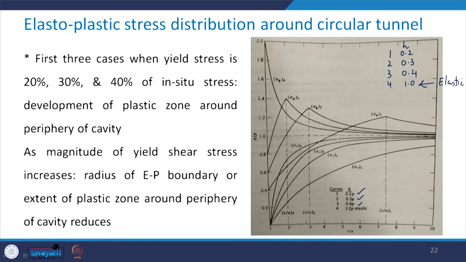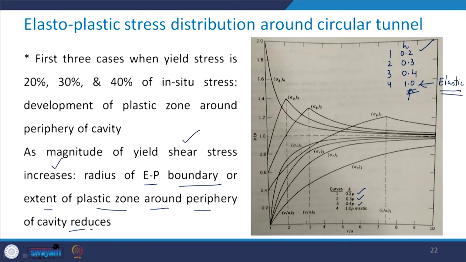As the magnitude of the yield shear stress increases, that means for these 3 values you can see it is increasing from 0.2 times P to P, the radius of the elasto-plastic boundary, or the extent of the plastic zone around the periphery of the cavity, reduces, because when it is equal to 1, we have seen that it is going to be completely elastic.